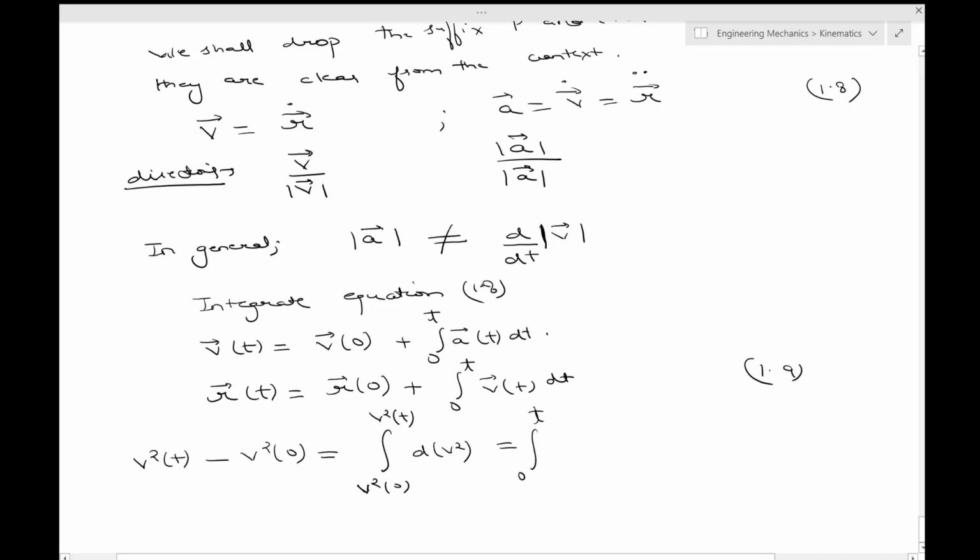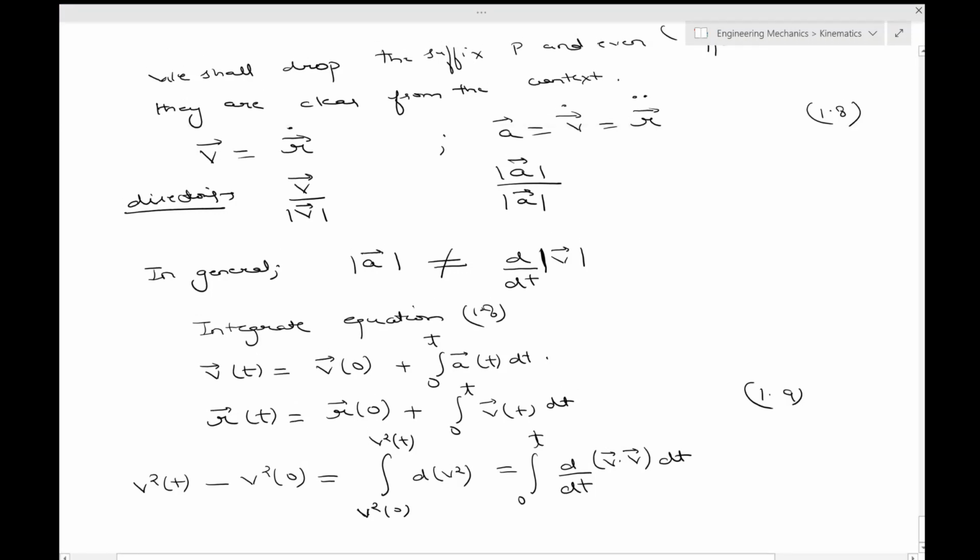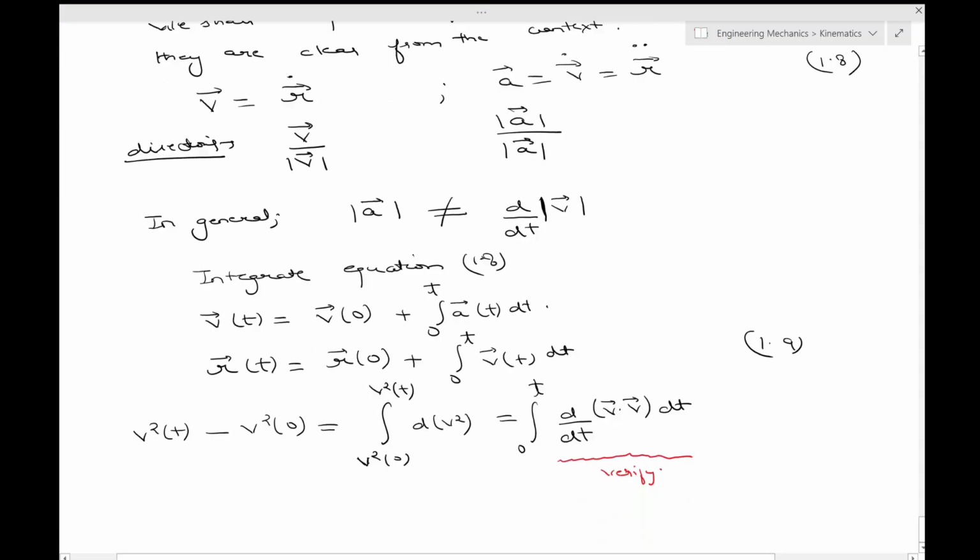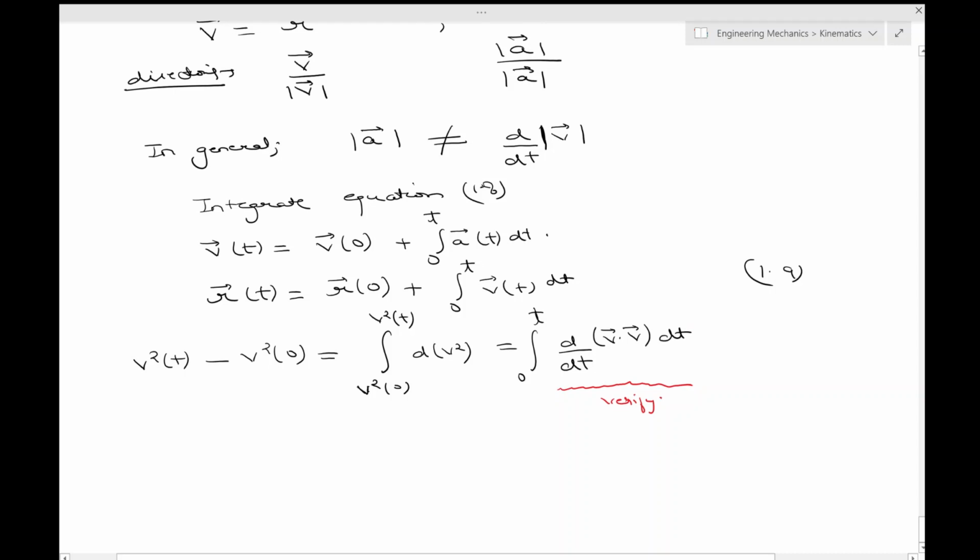Now this can be written as d by dt of v square dt. We have changed the variables of integration. I hope you know how to write this. This is not a multiplication and division by dt. You should know what are the arguments which make this possible.